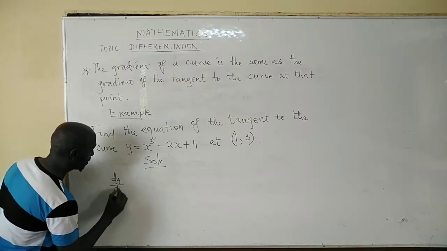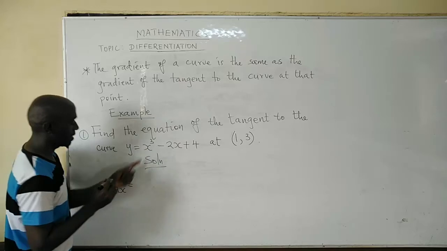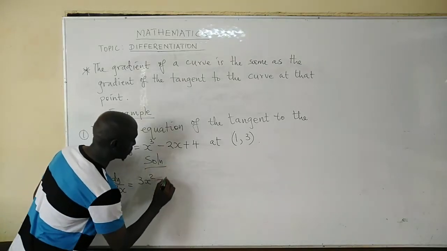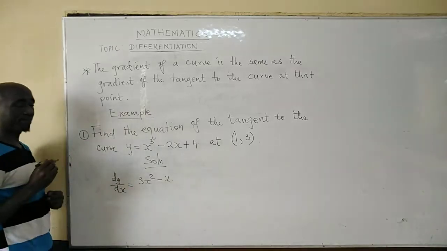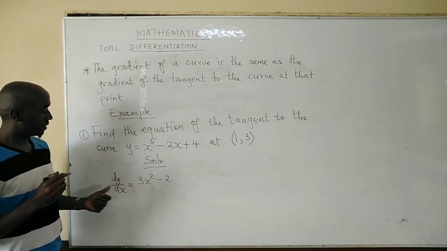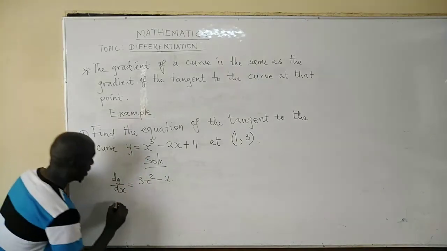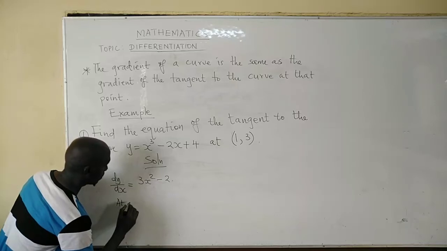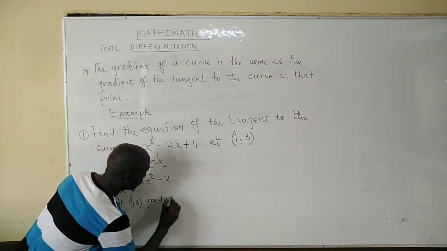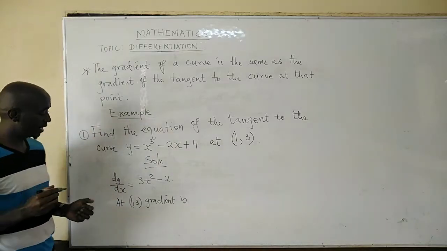So let us differentiate. dy/dx = 3x squared minus 2. This is the gradient function of this curve at any point. Now, at the point (1, 3), what would be the gradient?